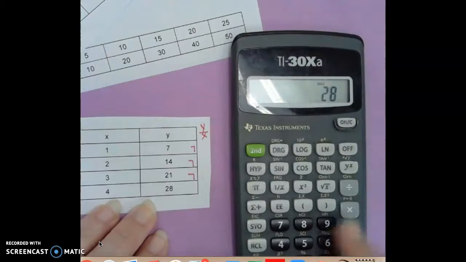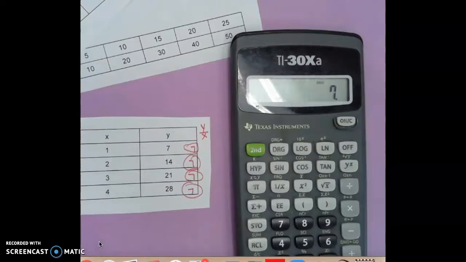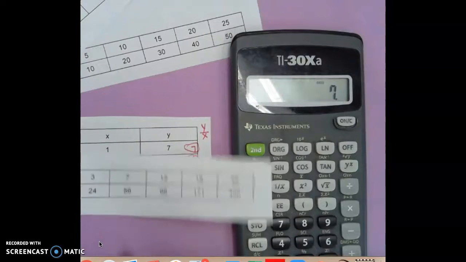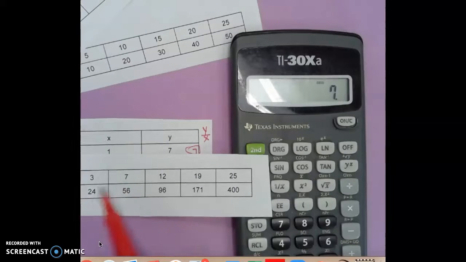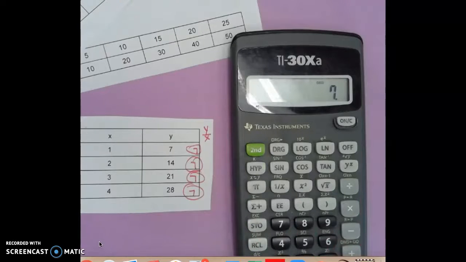If I do 28 divided by 4, I'm going to get 7. So this tells me that my unit rate, or my constant of proportionality, is 7. Now, if I went back to this one and I divided all these out, then all of my numbers would not be the same, and that would also tell me that it's not proportional.